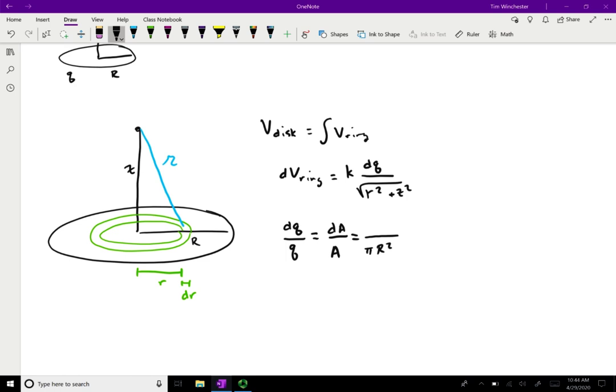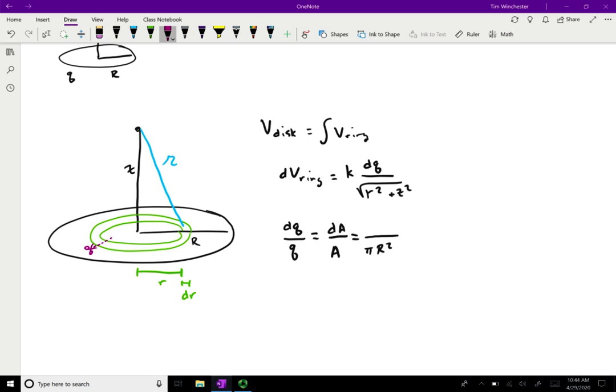That's pretty easy. The area for the ring is a little tricky. So what I want you to imagine is that you cut through the ring like this. Here's my scissors, like that.